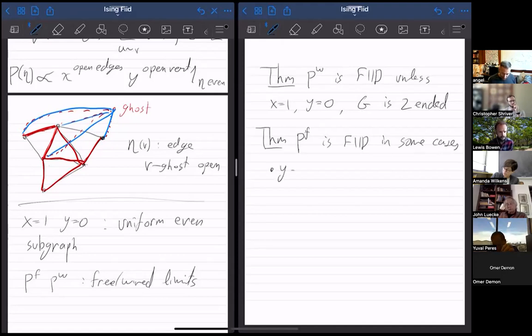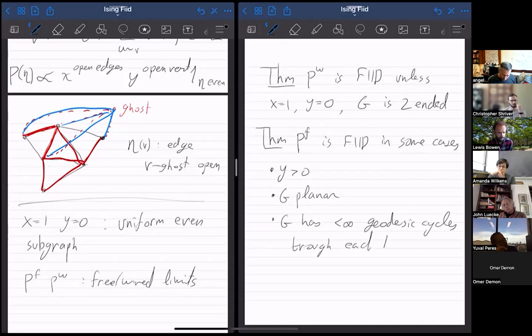If Y is positive, then we can prove this with no assumptions. We can prove this if the graph G is planar. We can prove this if the graph G does not have too many geodesic cycles, so it has finitely many through each edge.